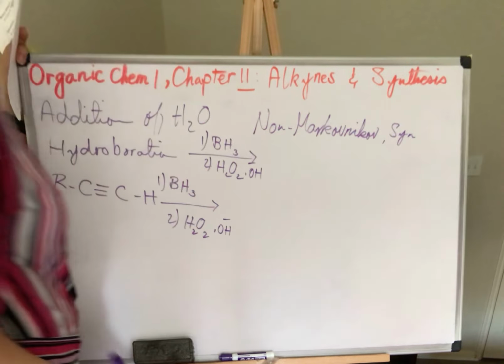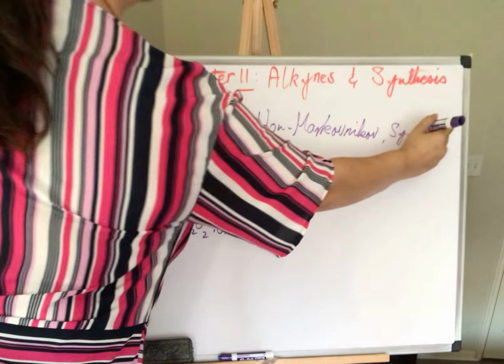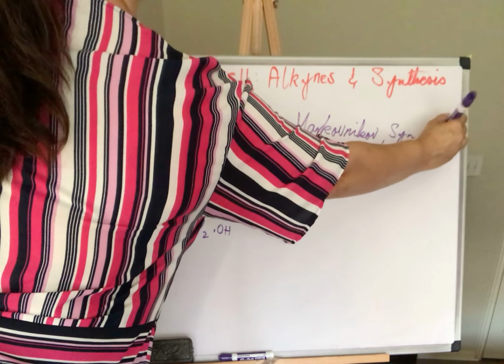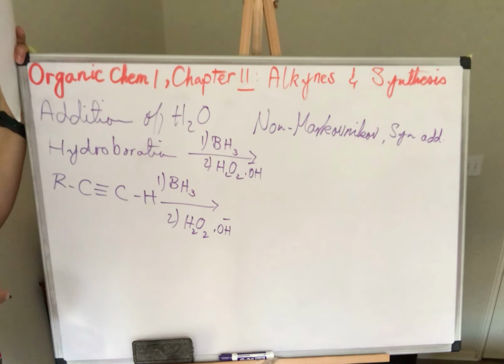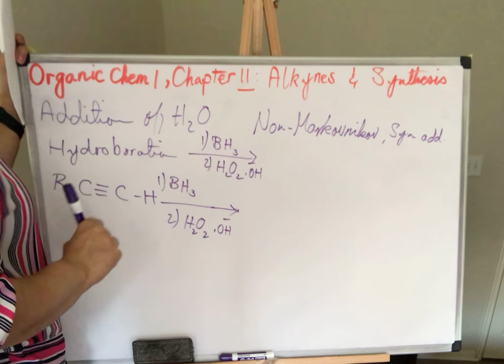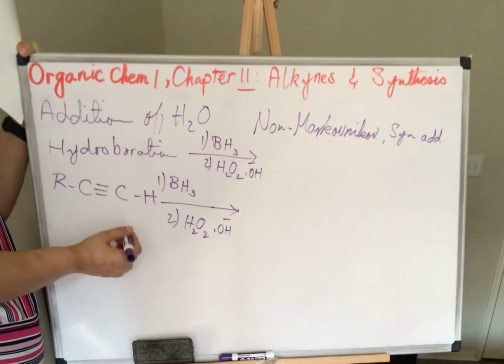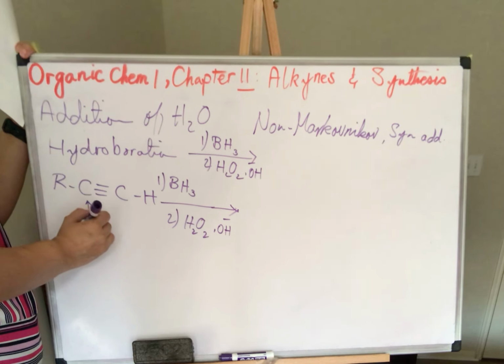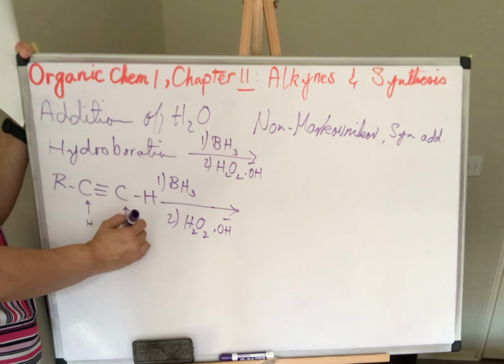So you see the significance or importance of knowing the last chapter very well. So the basics is in the last chapter. Learn it well and then move towards this chapter. Alright, so if it's a non-Markovnikov, so hydrogen will be added here and OH will be added here, right?